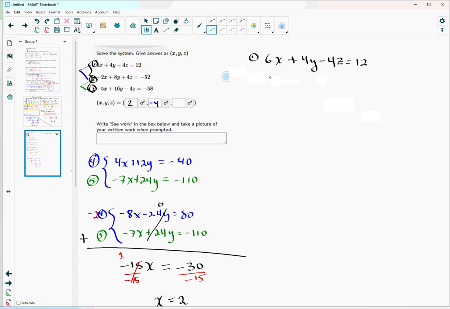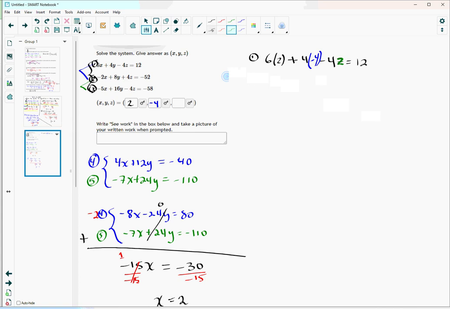Now I'm going to replace the x with 2, and replace the y with negative 4. And now I'm looking for z. Okay, so I'm solving for z. It's the only unknown left now.